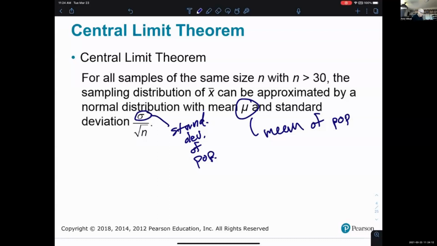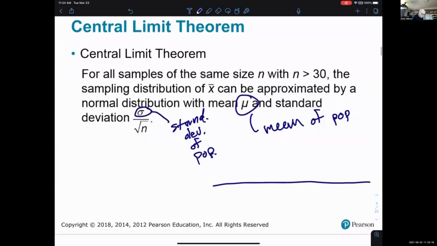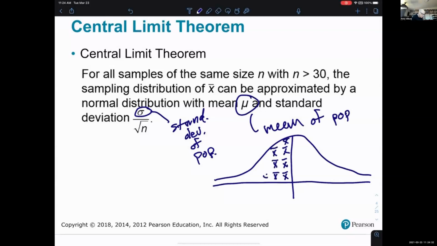So remember from our previous descriptions, what the central limit theorem is saying here is normal is the distribution of the samples. So imagine a whole bunch of X bars are collected. And this is sort of like a diagram that we saw that I'm reproducing here in 6.3.